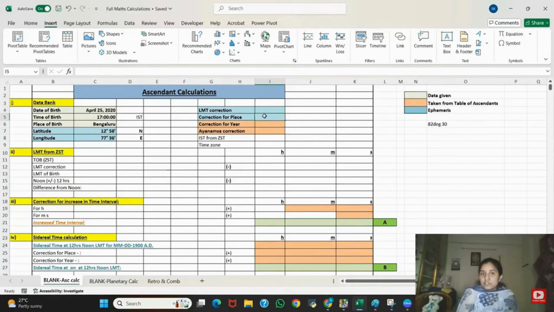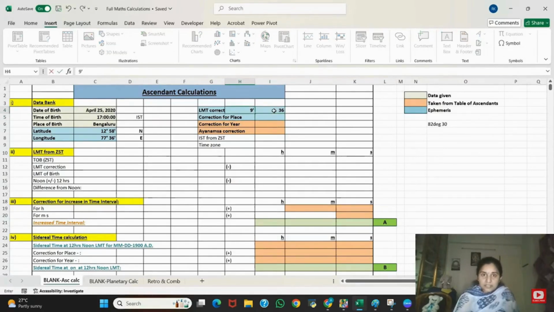All the things you see in this light blue or aqua color are specifically based on the place. So here you can see it is 19 minutes 36 seconds. Let me put it as 19 minutes, then 36 seconds.